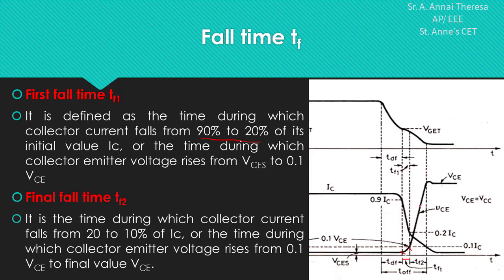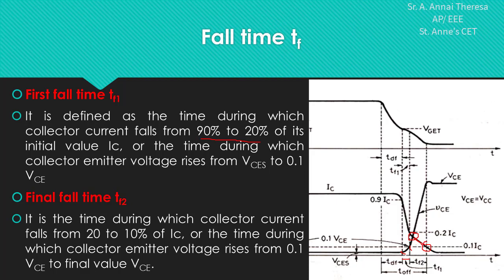Then what about the final fall time? It is the duration in which the collector current reduces from 0.2 IC to 0.1 IC, that is 20% to 10%.